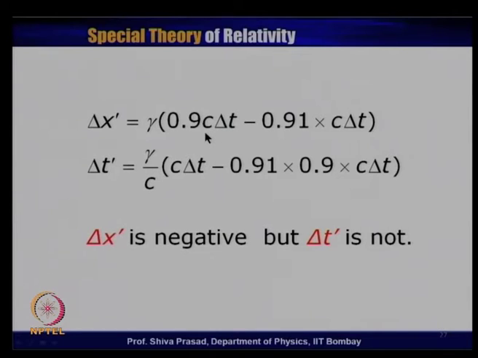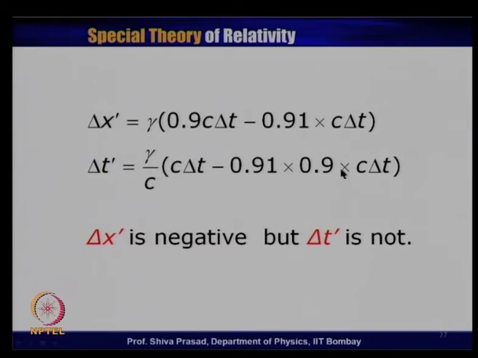Instead of 0.9, I could have used an even larger value, but I can always find a factor slightly larger than this to make delta x prime negative. But because the factor I have used here is less than 1, whatever value of v I use, I will always get this product to be less than 1, until the ratio between v and c exceeds 1.